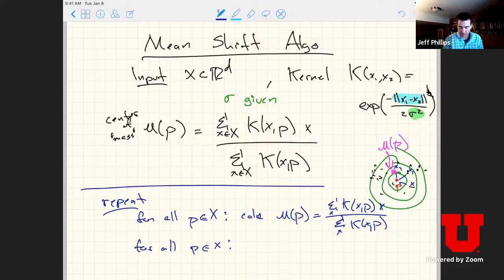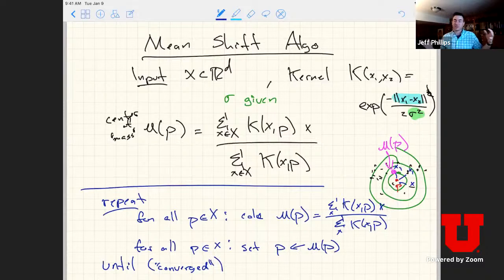So I'm going to set the location of P to this center of mass. I'm going to change the location of this point P. I might store the original data set somewhere else just so I remember the indices. But I'm going to do this until converged.